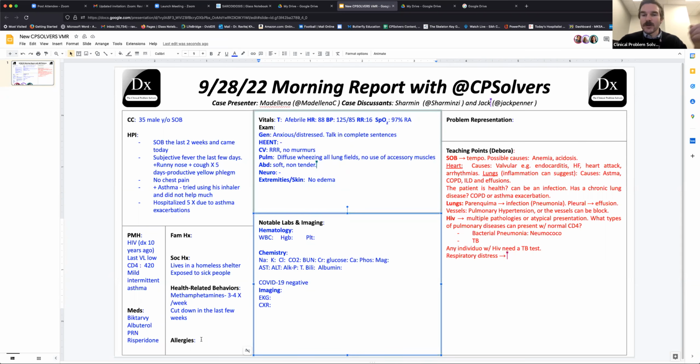And again, we don't want to lose track of the possibility of underlying cardiac disease as well. We know that individuals who are younger generally tend not to present with cardiomyopathies, and individuals with HIV are at increased risk of developing either non-ischemic or ischemic cardiomyopathy. And not all things that wheeze are asthma or COPD.